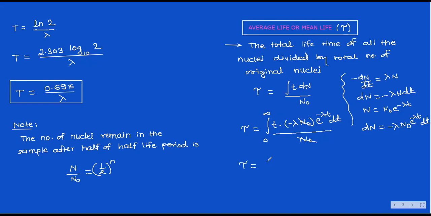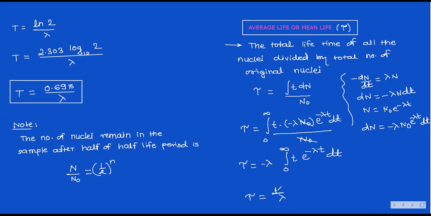So what we are getting, integration of t into e power minus lambda t dt from 0 to infinity. This is minus here. Okay. If we solve this by parts, we will get tau is equal to 1 by lambda.